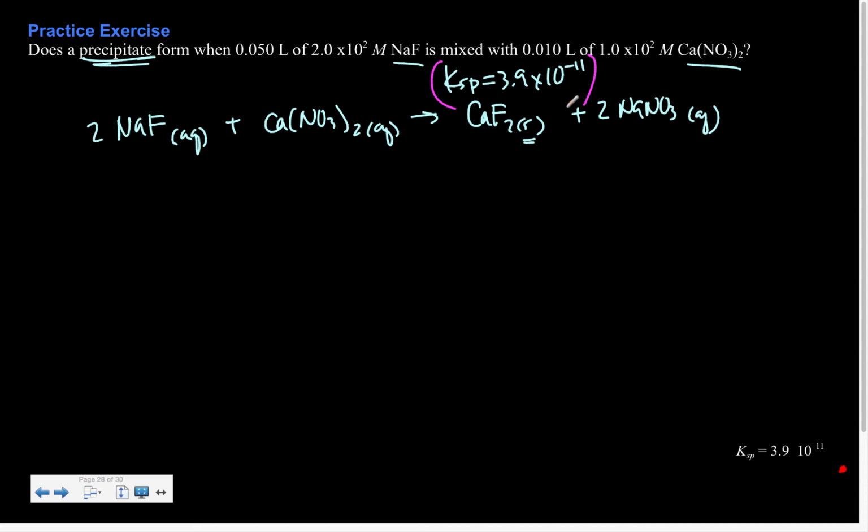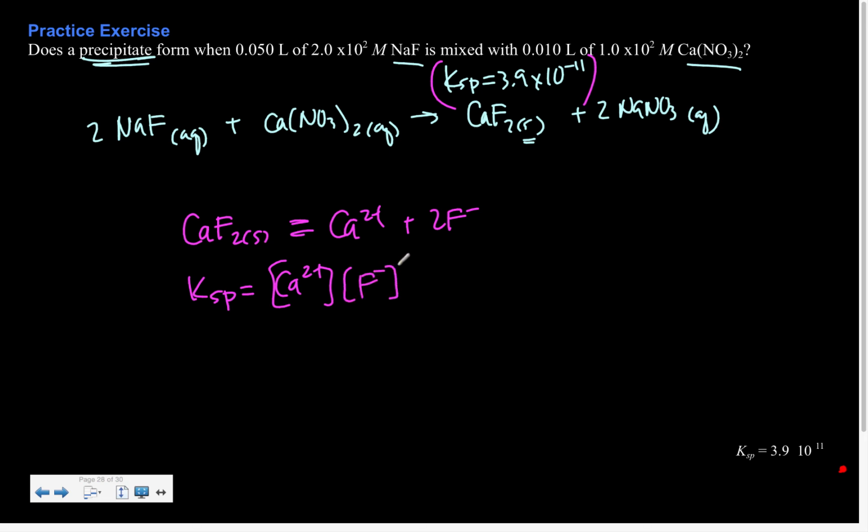Otherwise, it can get kind of confusing. I know that when I talk about a Ksp process, I'm always talking about my solid dissociating into its respective ions. Yes, that's always what it means, and so my Ksp is always going to reflect that. And I think that if you write this out, that will help to keep your brain organized.